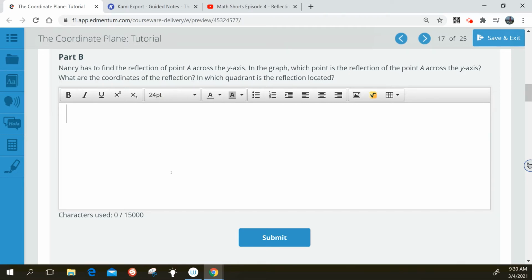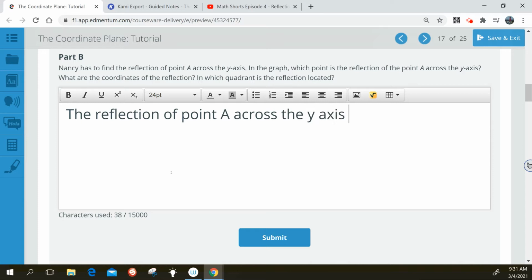24. The reflection of point A across the y-axis is point C, right? What are the coordinates of the reflection?